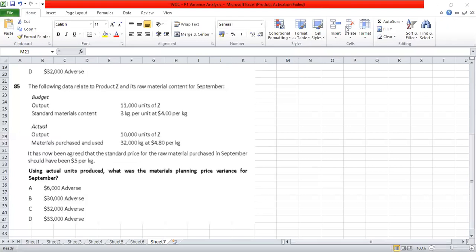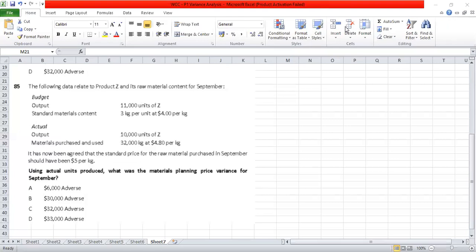85th question, let's see. The following data relate to product Z and its raw material content for September. We have budget output, which is 11,000 units of Z. Standard materials content is given as 3 kgs per unit at $4 per kg. The actual details are also given.